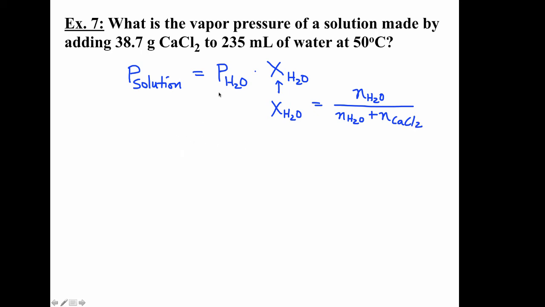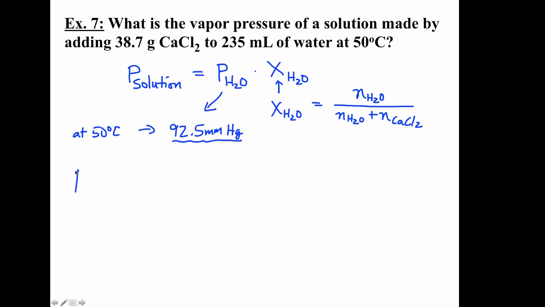So, to solve this problem, we're going to need to calculate mole fraction, multiply it by the vapor pressure of water, and at 50 degrees Celsius, the vapor pressure of water is equal to 92.5 millimeters of mercury, and this is a lookupable known number which is needed to solve this problem.